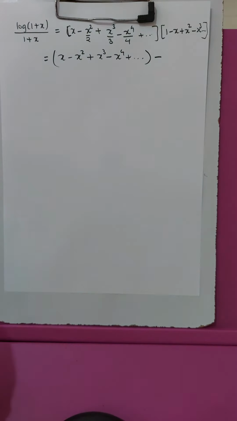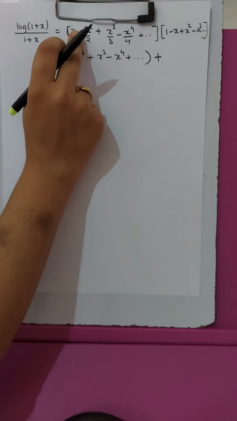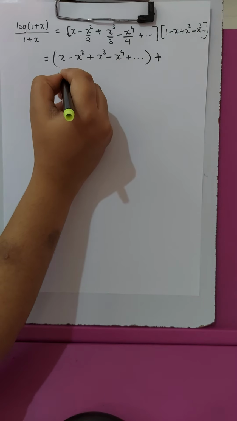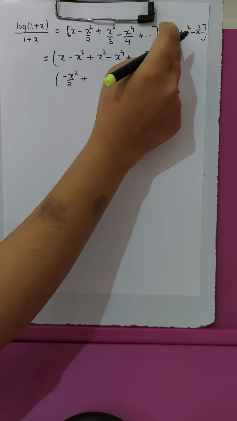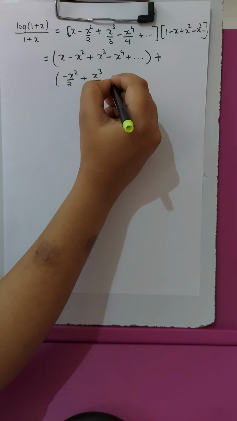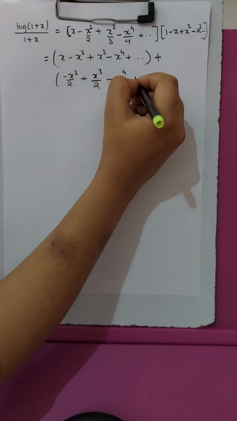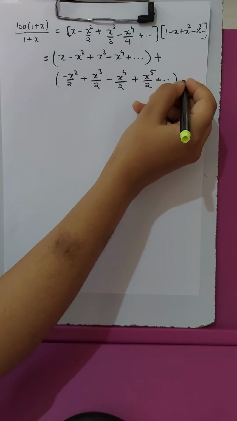Then multiplying by minus x square upon 2 to this whole bracket, we get minus x square upon 2, this minus minus becomes plus x cube upon 2, then again minus x to the power 4 upon 2 and plus x to the power 5 upon 2 plus up to so on.